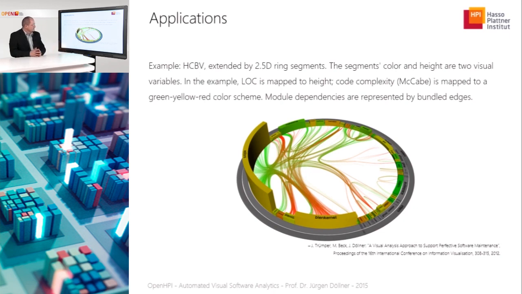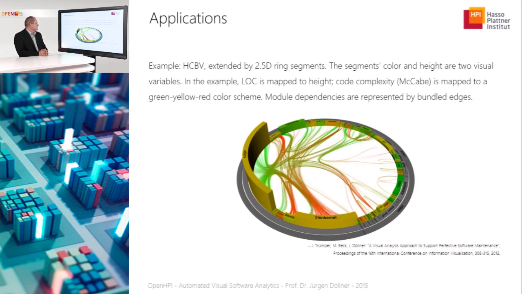In this example, you can also see how segments of a bundle view can be extended to a third dimension, which may be useful to visualize additional information associated with segments, for example, their code complexity or their implementation size or any other attribute that should be visualized together with the relations and the hierarchy structure.